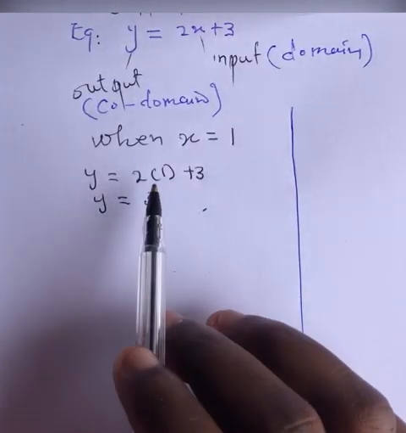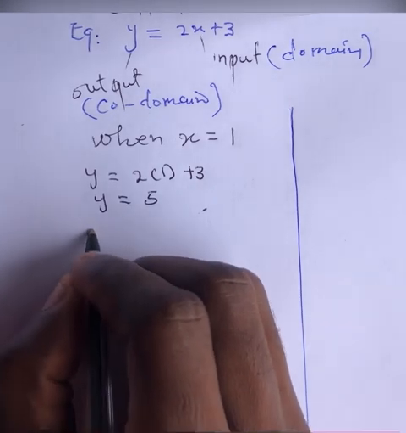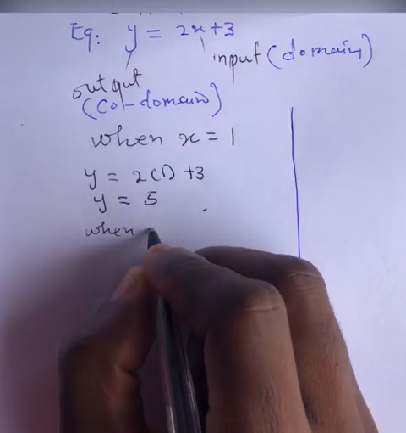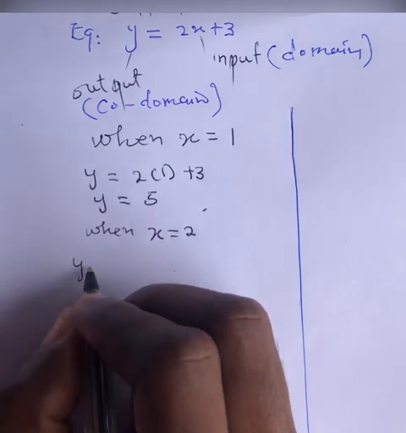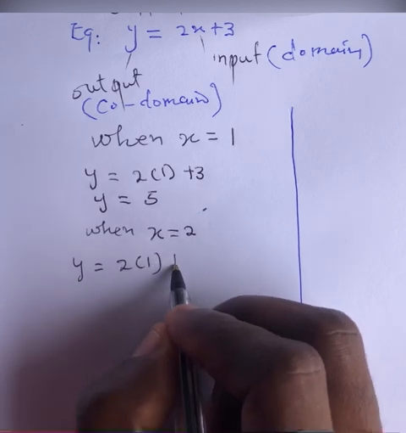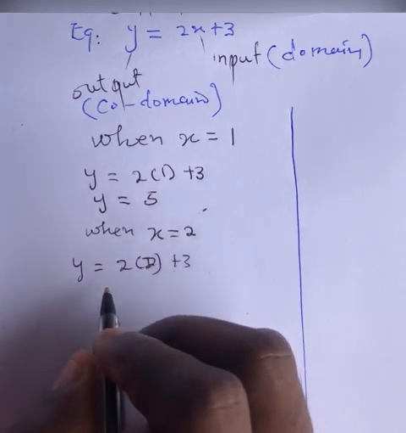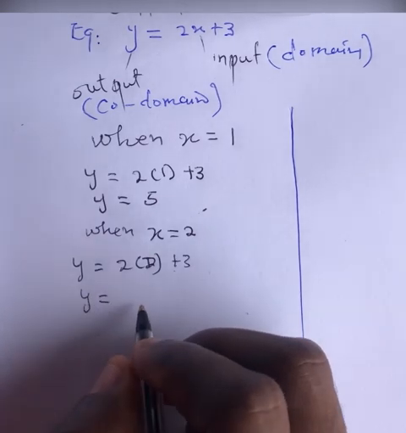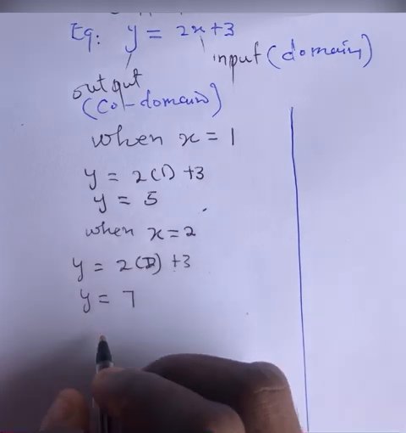This is the output when x equals 1. You can also have when x equals 2, then our y will be 2 times 2 plus 3. Then you have y to be 4 plus 3, which is 7.